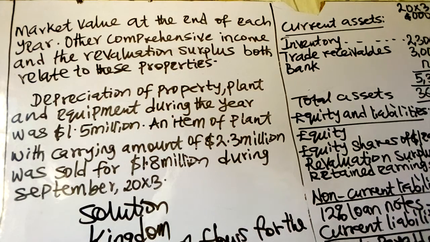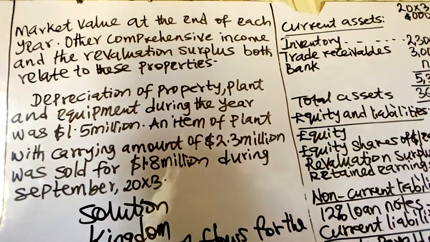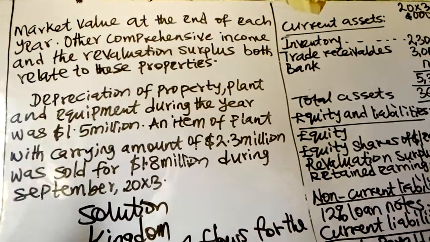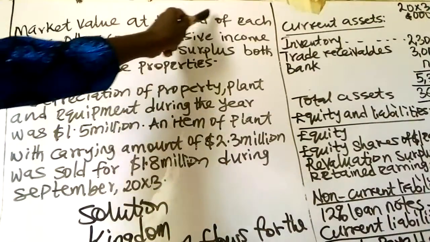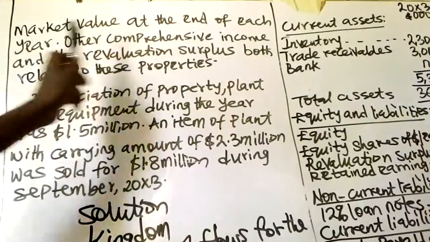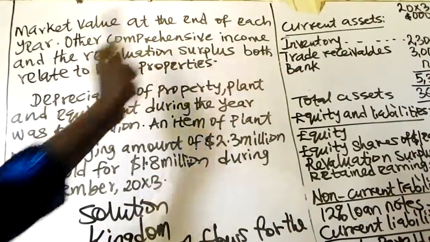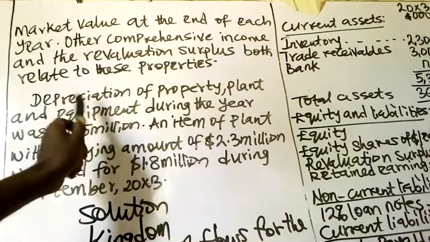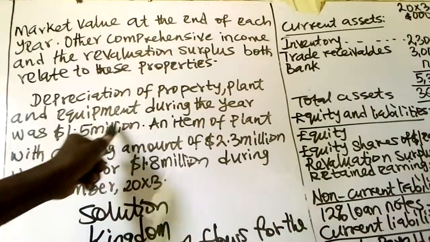I've told you that non-cash items, which don't involve the flows of cash, will be adjusted, like depreciation. Now let's go through the note. We have depreciation of property, plant, and equipment during the year of 1.5 million.